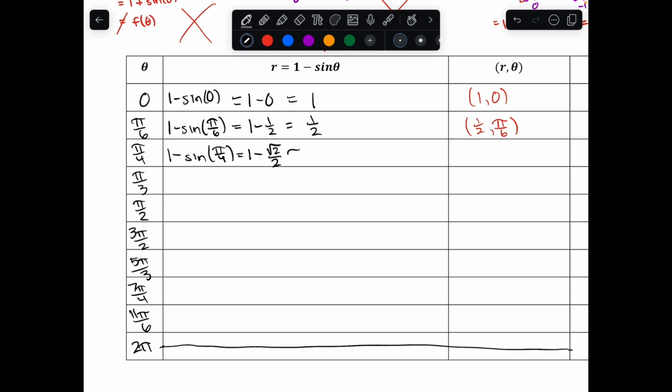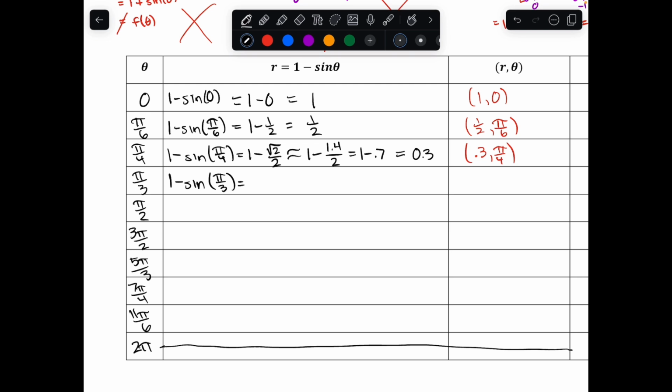So this is almost equal to 1 minus 1.4 divided by 2. Now what's 1.4 divided by 2? It's going to be 0.7. So this is going to be 1 minus 0.7, and so we get 0.3. So our point is going to be 0.3 at an angle of pi over 4. Now we have 1 minus sine of pi thirds.